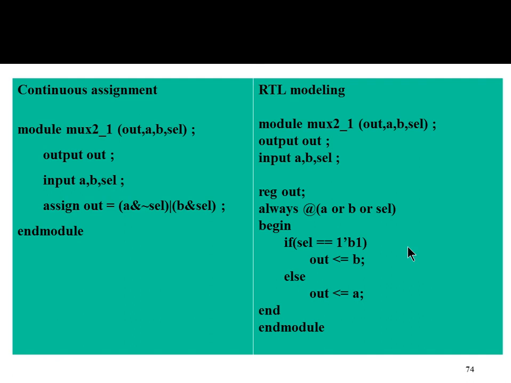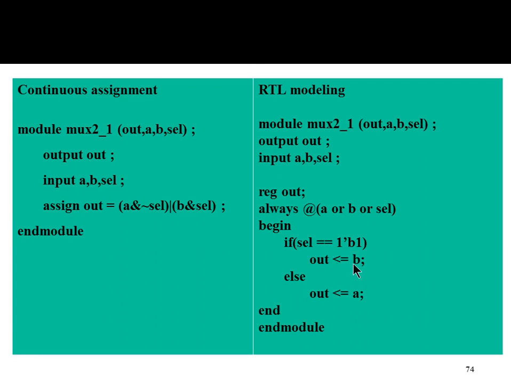If it's a blocking assignment, it's just equal. When it's angle equal to, it's a non-blocking assignment. When it's just equal to, like a regular assignment, it's a blocking assignment. Since this is angle equal to itself, we can say non-blocking assignment.